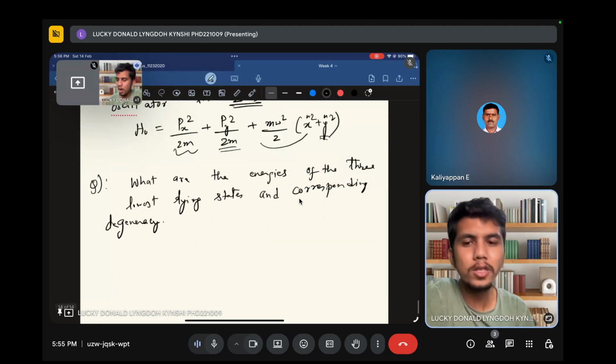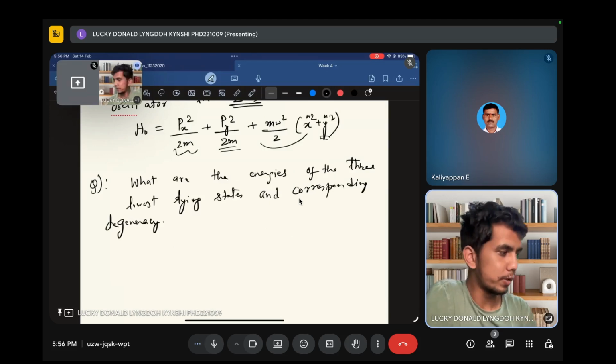Degeneracy means how many states have the same energy. So we will look into it.